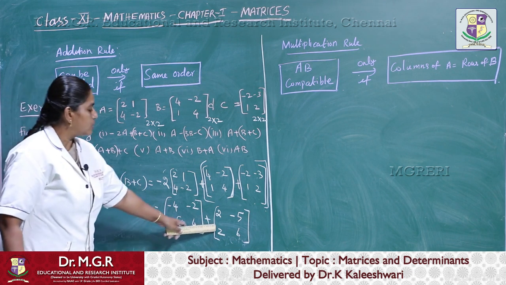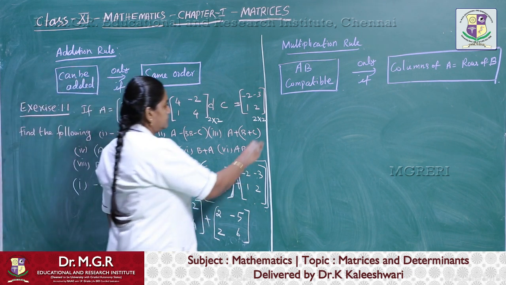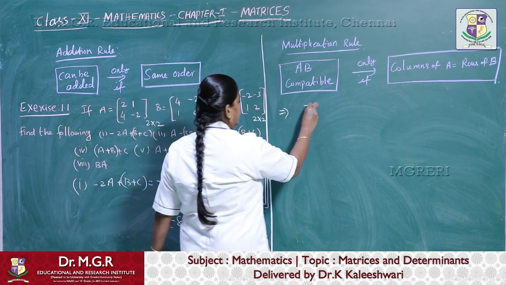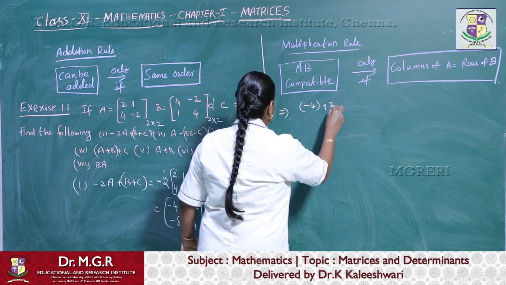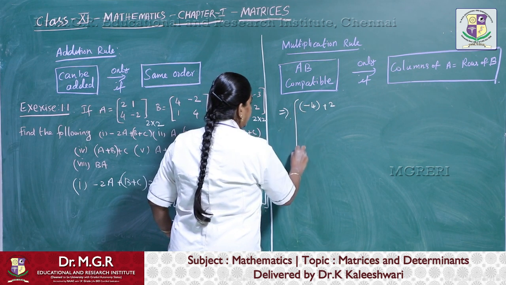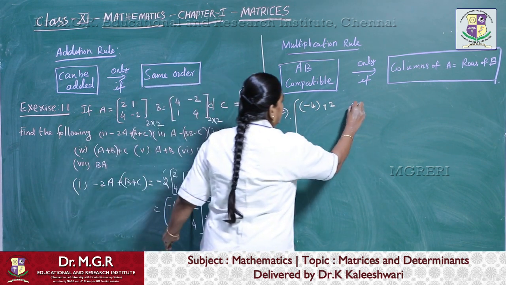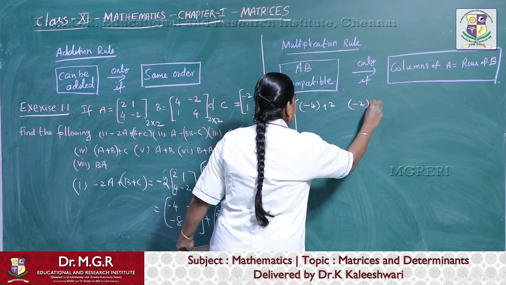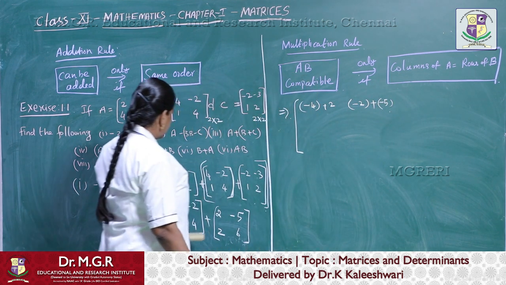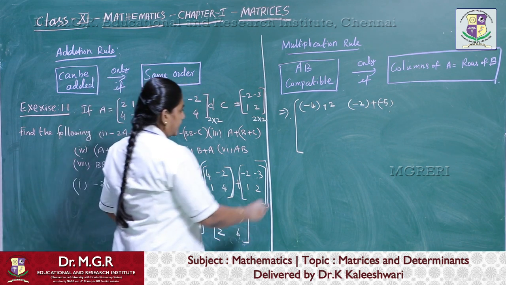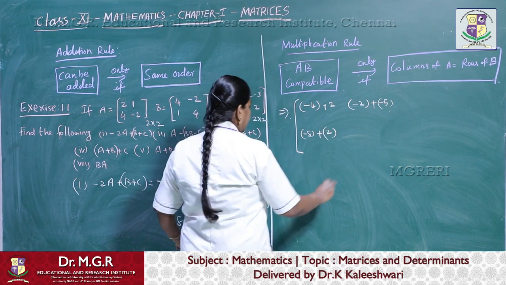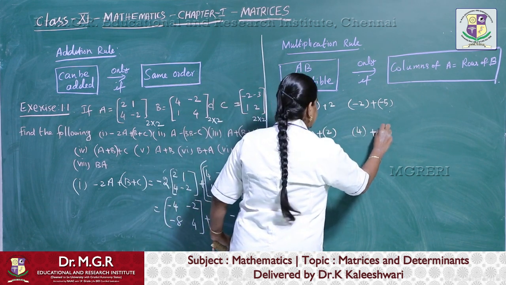Now we have to add these two matrices. That is -4 plus 2, since -4 and 2 are corresponding. Next, -2 plus -5. What is the second row? -8 plus 2 and 4 plus 6.